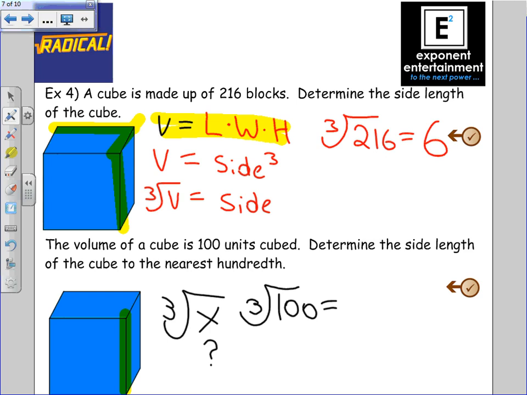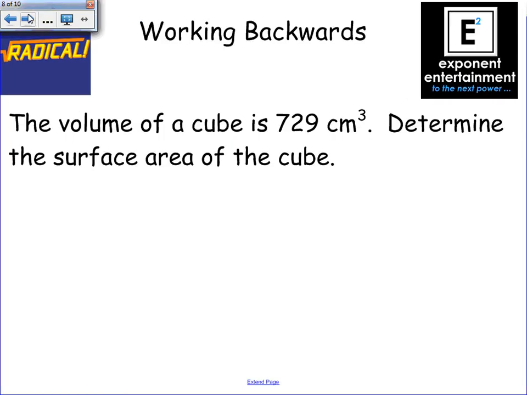The volume of a cube is 729. Determine the surface area of the cube. What information do you need to solve surface area?